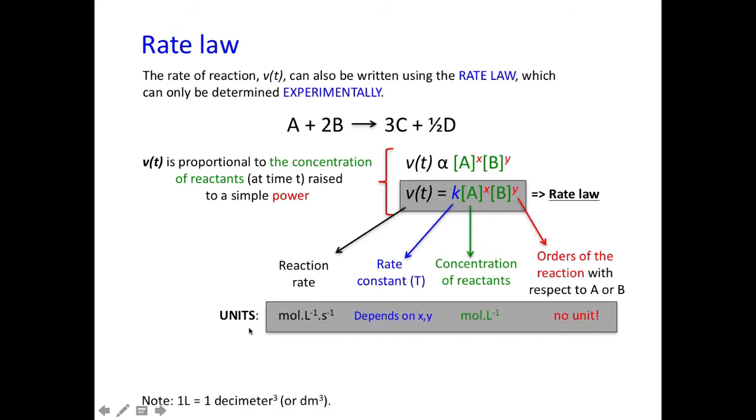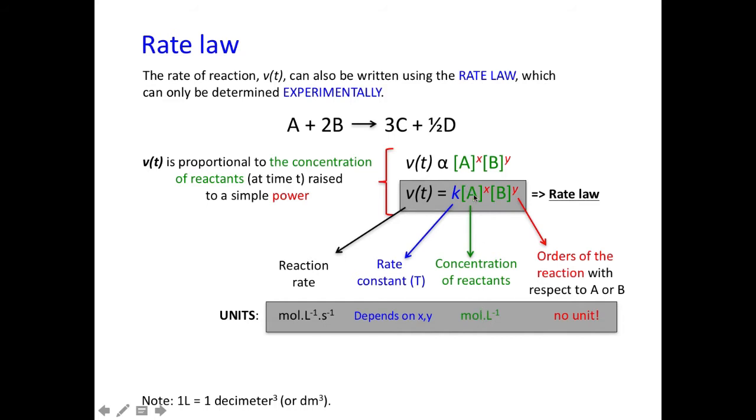Now the units, as I said before: the reaction rate is in mole per liter per second, so it's molar per second. It's a concentration divided by time. The rate constant actually depends on x and y, because the concentrations always have this unit of mole per liter, so it's a molar concentration.